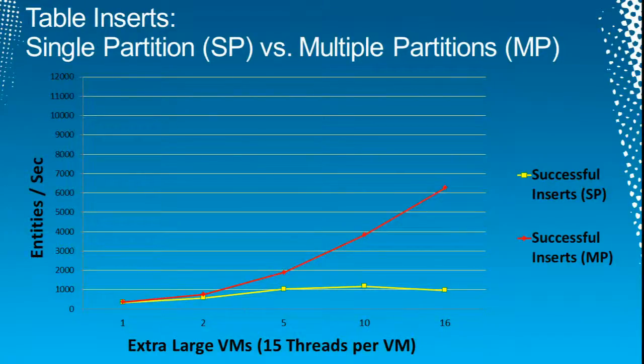On the flip side, with multiple partitions, I can get up to more than 6,000 requests per second. On a single table, single account, I can get 6,000-plus entities per second. Again, the account limit is 5,000. You need to stay within that limit, but our system is built to scale. I want to drive home that point.